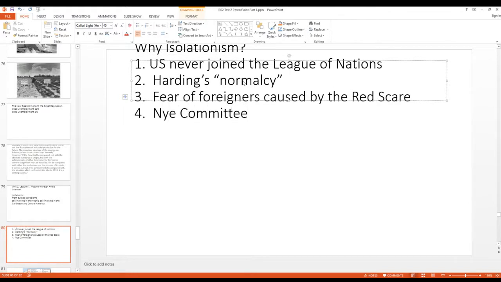The Nye Committee comes later, between 1934 and 1936.